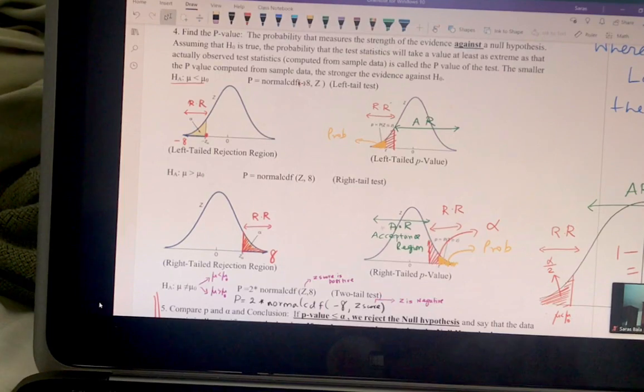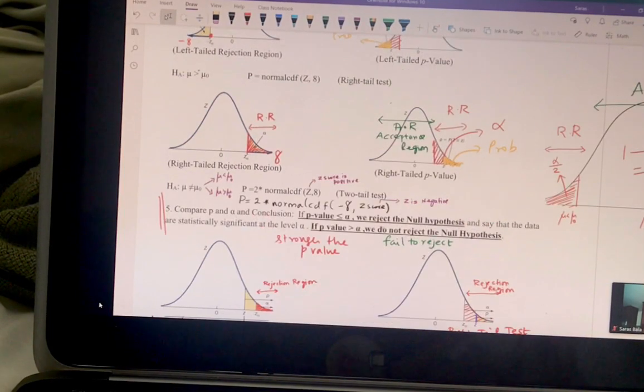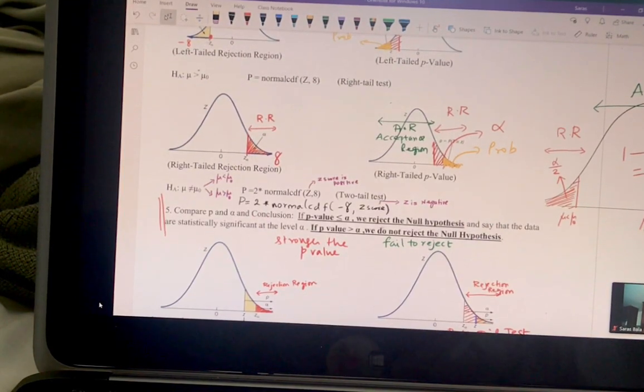And if it is a two tail test, it's going to be 2 times the normal CDF of z comma 8 if the z-score is a positive number, and negative 8 comma z-score if it is a negative number. Let me also put that tiny negative sign within parentheses. That way you will remember the tiny negative sign is given in the last row of your calculator.